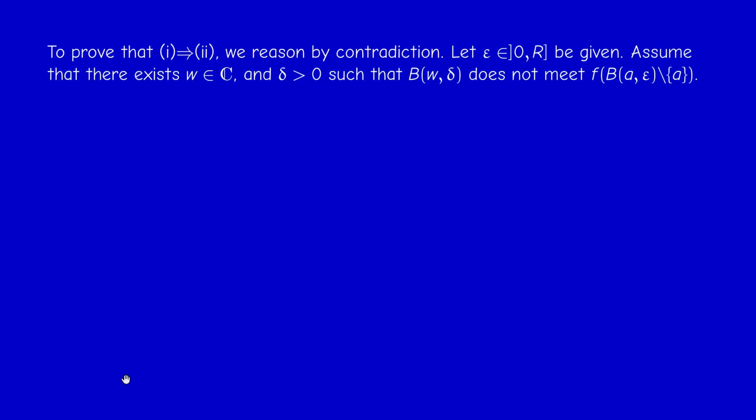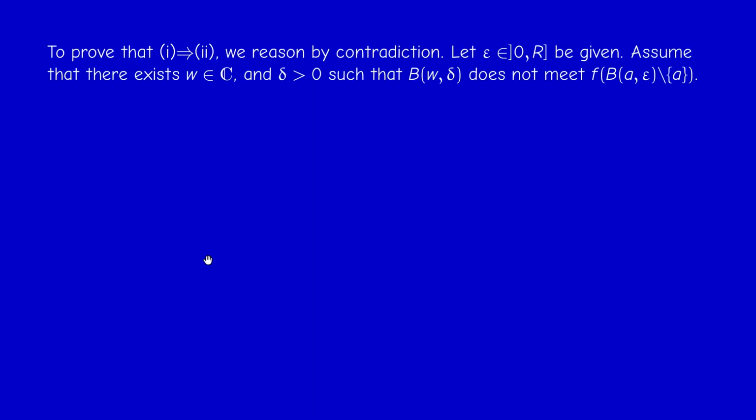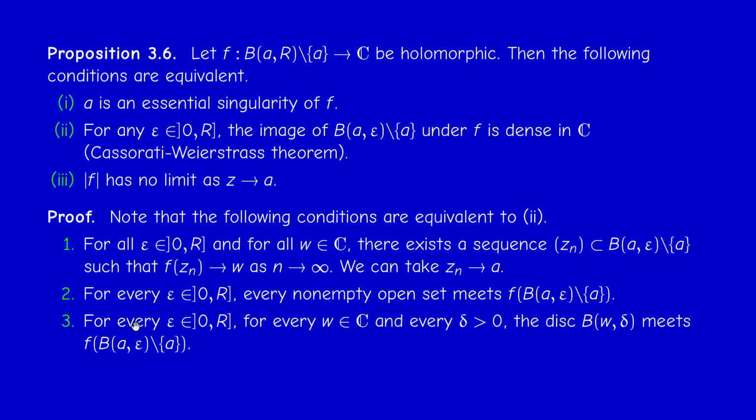Now let us prove 1 implies 2. Why is that? We reason by contradiction. It's not so. So I use characterization 3, let me use that.